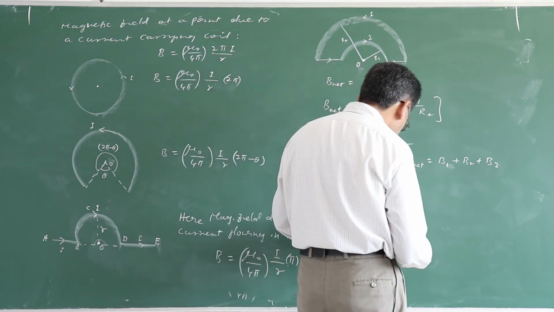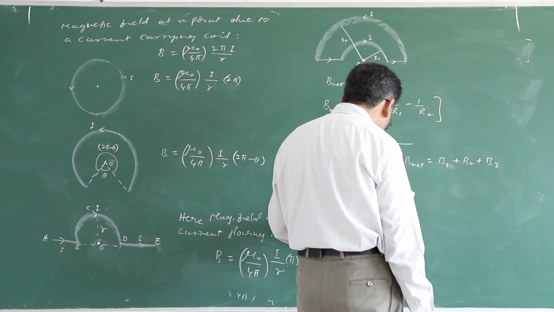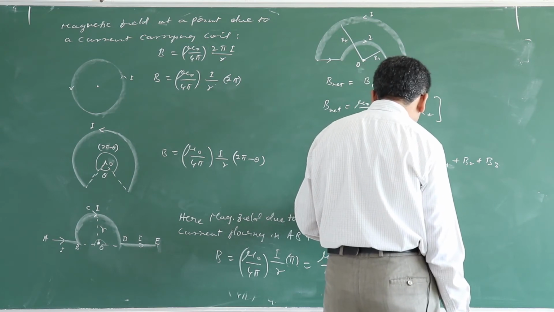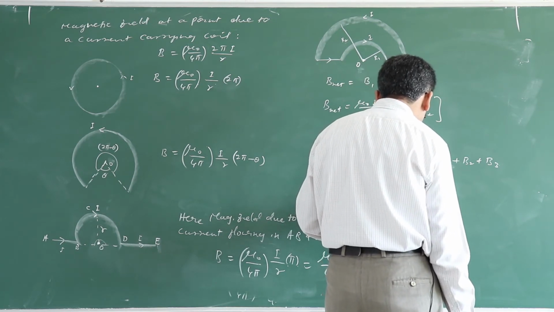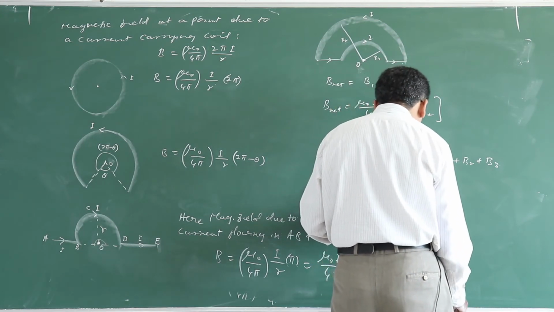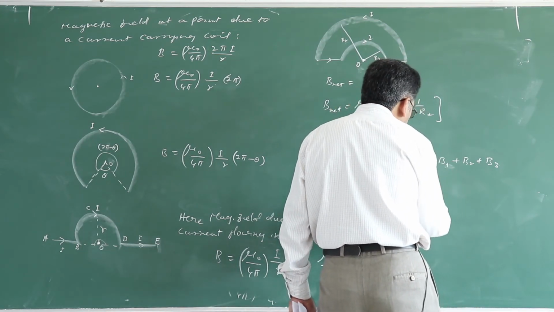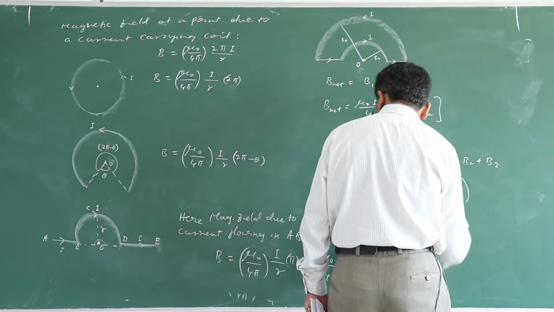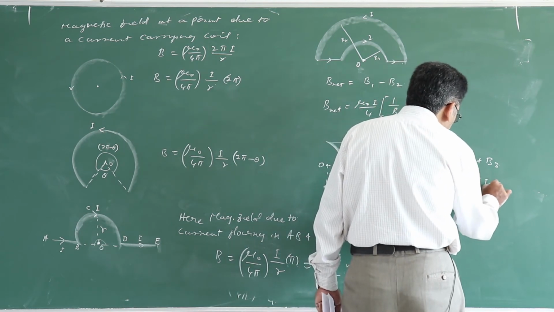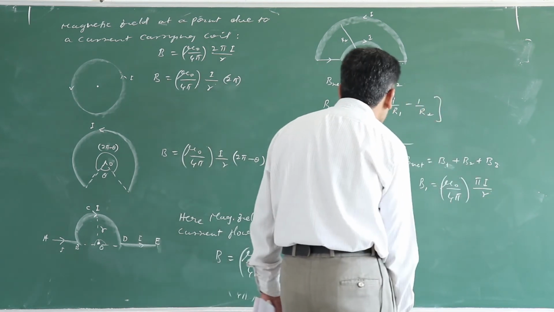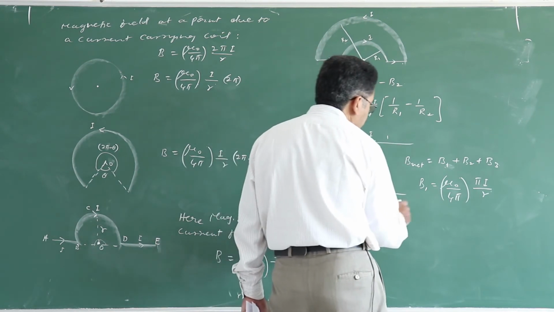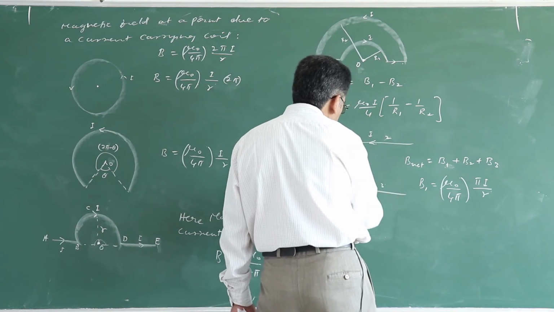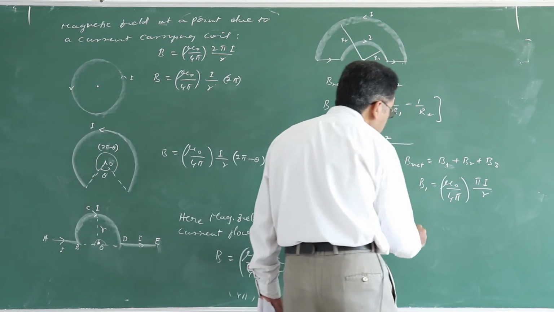So you must add them. You are going to get B1 is mu naught by 4 pi into I divided by R. See, this is B2, or I can take this is 2, 3, this is 1, B1 is given by this.